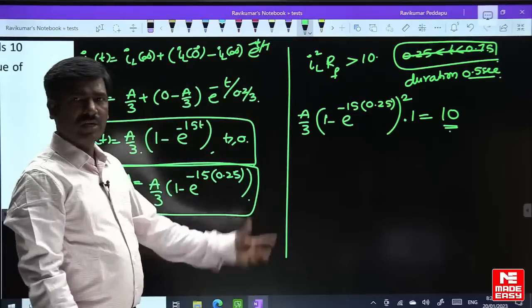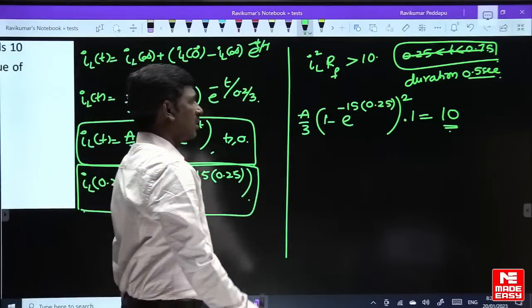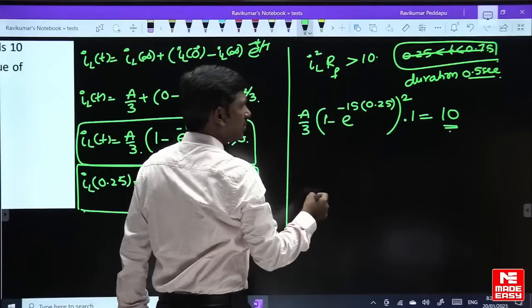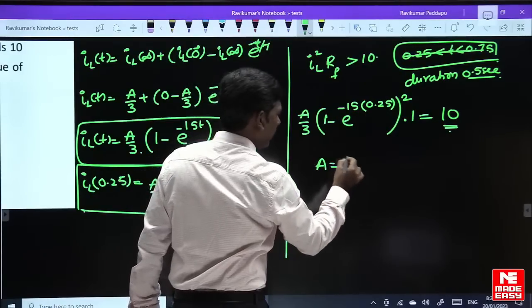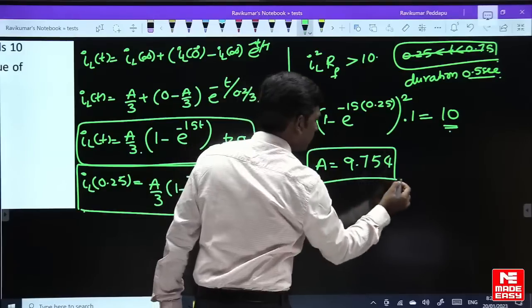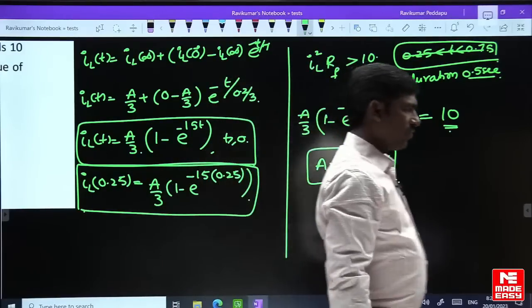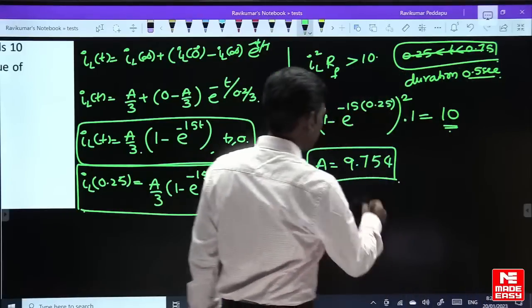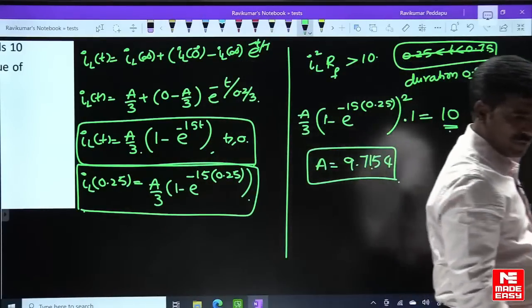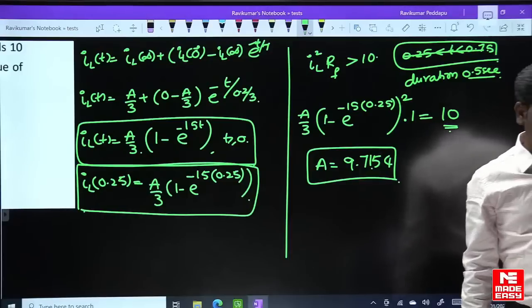It should not exceed 10 watts. After simplification, taking the square root to the other side, the value of A becomes nearly 9.7154.